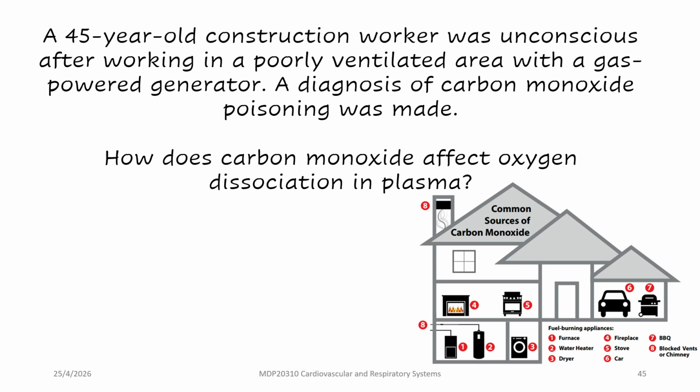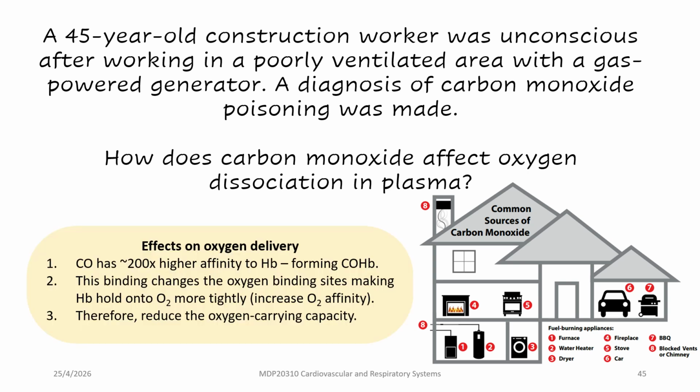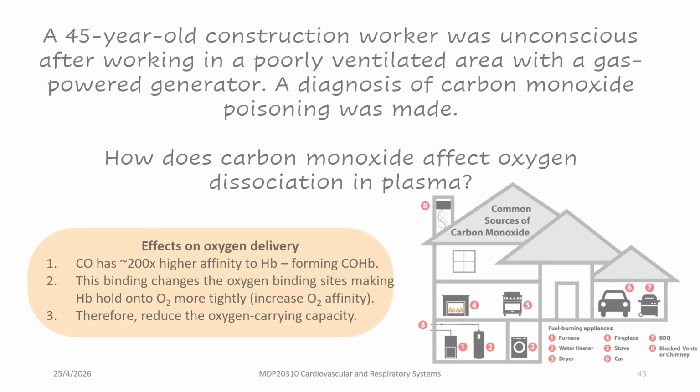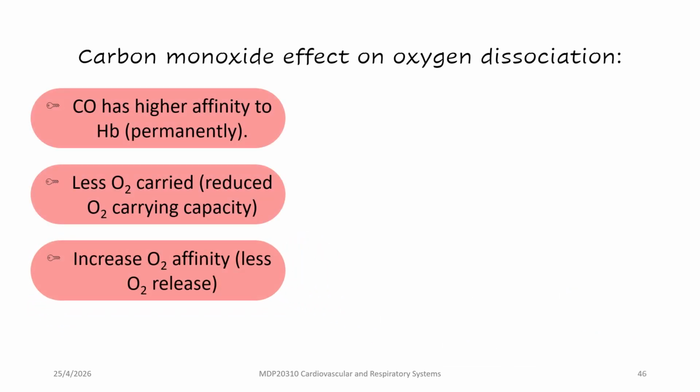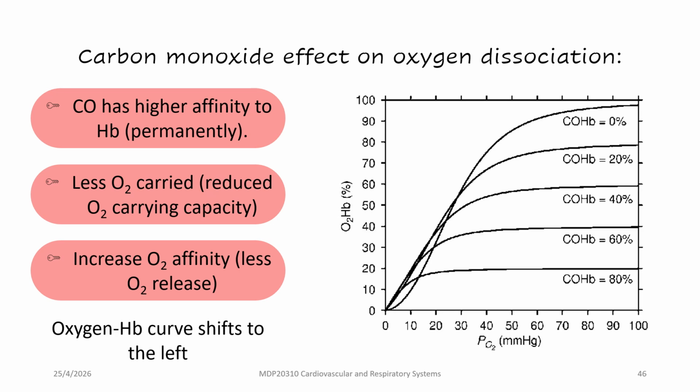So the oxygen dissociation curve will shift to the left, where it binds more tightly to the oxygen. Looking at this graph here, the effect of carbon monoxide on oxygen carrying capacity depends on the percentage of carbon monoxide levels in the blood.